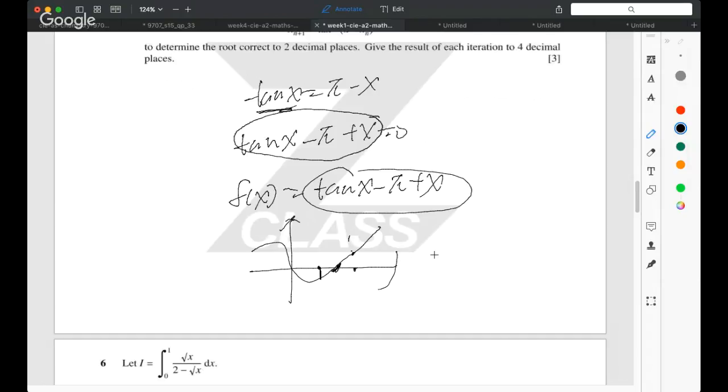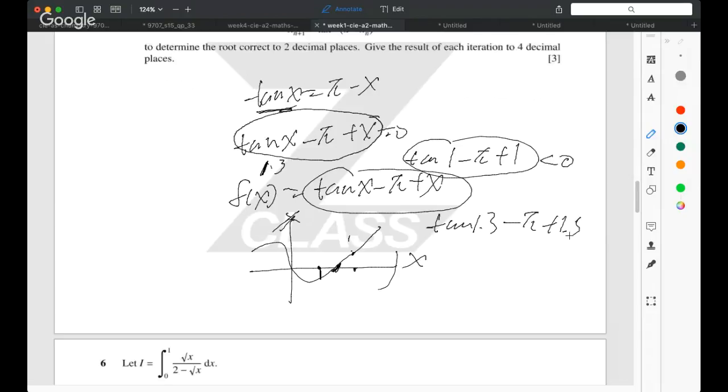Do you understand? Okay. So if we put 1 here, we get tan 1 minus pi plus 1. If you put it in your calculator, this is equal to a negative number. And if you put 1.3, this function becomes tan 1.3 minus pi plus 1.3, and you get a positive number.